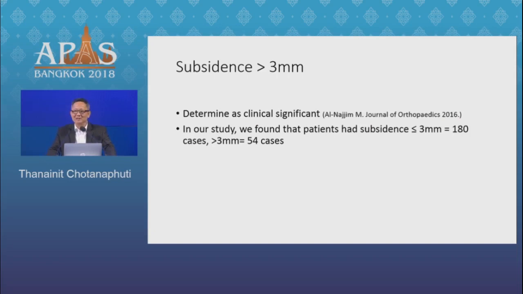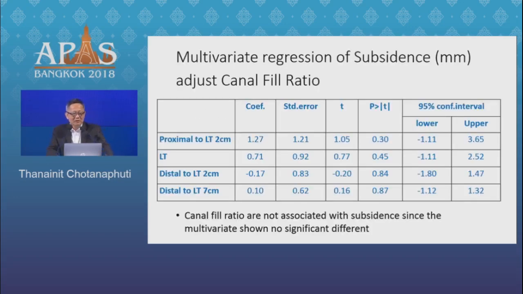When we consider the cutoff, the clinically significant subsidence is 3 millimeters. So we analyzed the patients who have 3 millimeter subsidence. We found 54 cases with 3 millimeter subsidence. So we used a multivariate regression analysis with the canal fill ratio. We found that the canal fill ratio did not associate with the subsidence and was not significant.